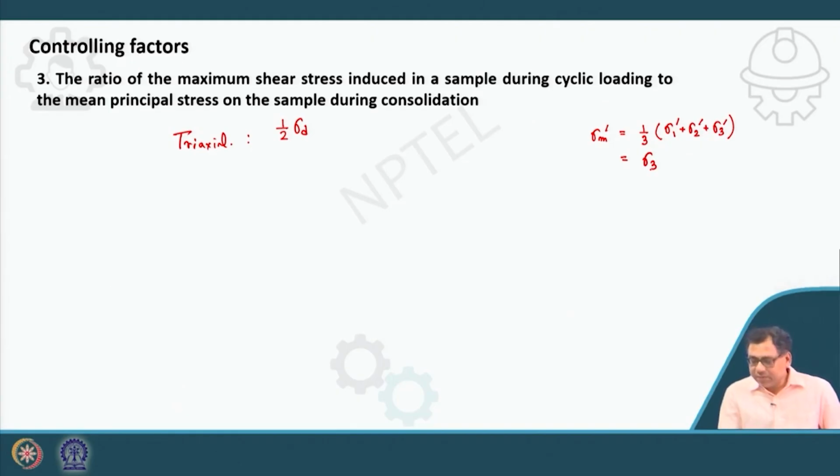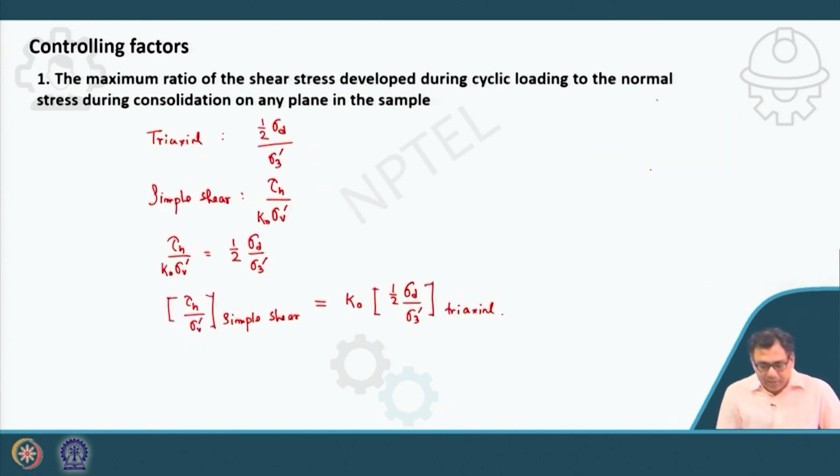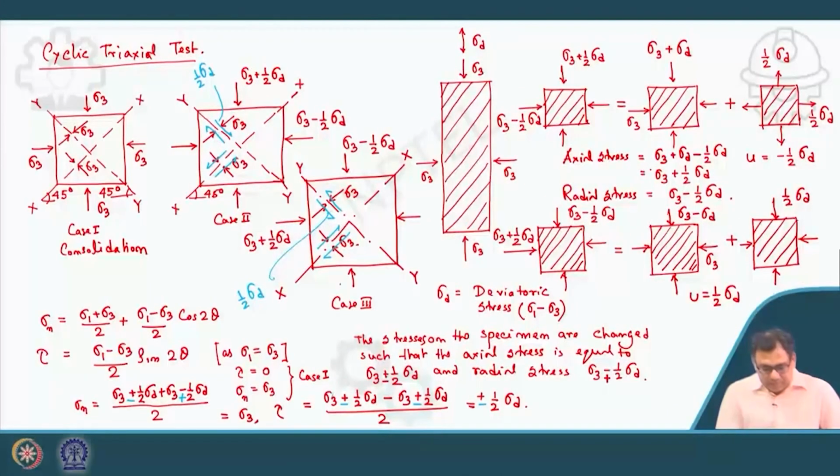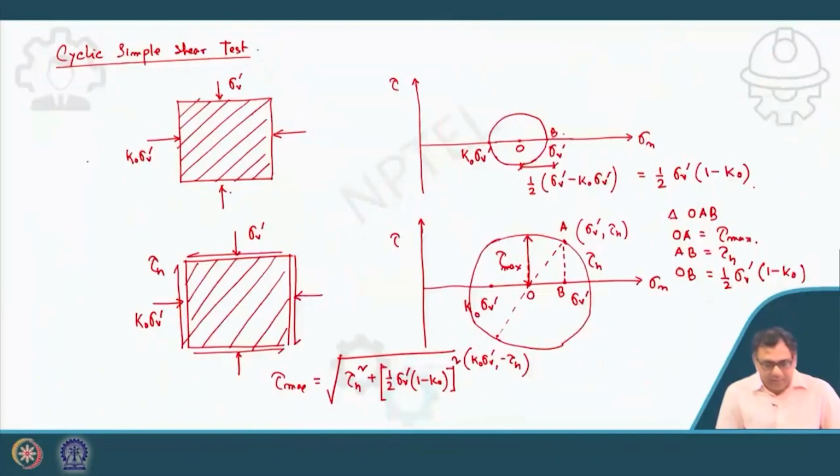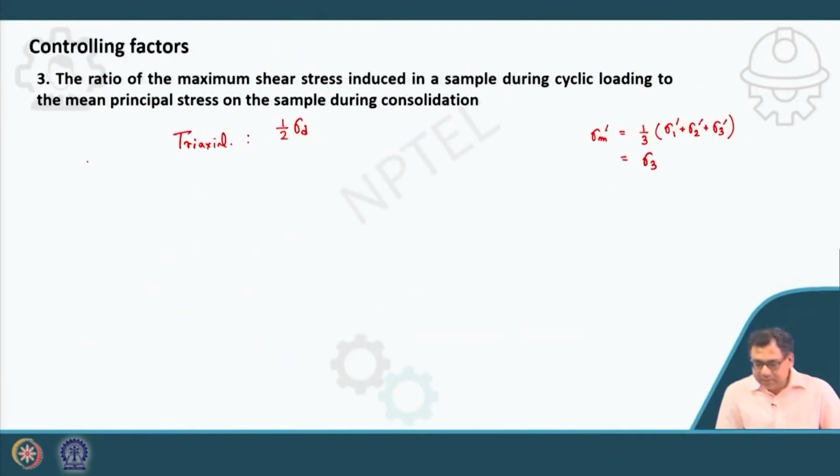On the sample, all the stresses were sigma 3 during consolidation. If I add them, sigma 3 plus sigma 3 plus sigma 3 divided by 3, it is sigma 3. So it will be sigma 3 only, or sigma 3 bar. So this is for the triaxial.